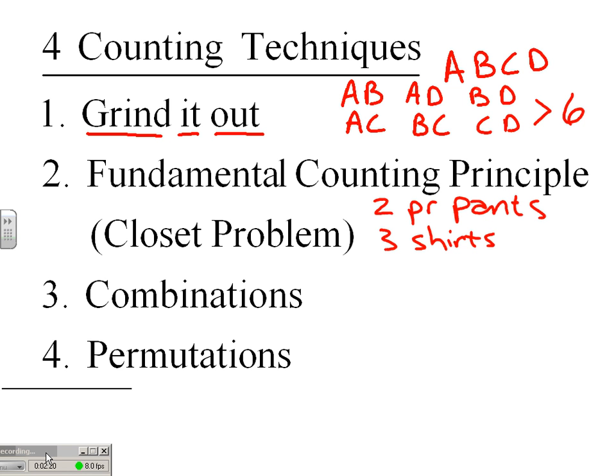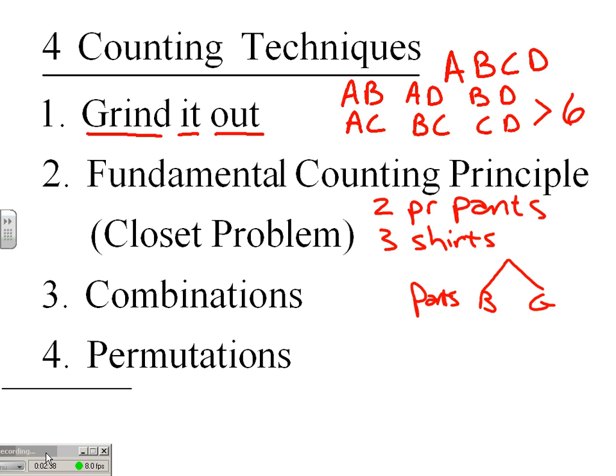And let's say that we have a pair of blue pants and a pair of green pants. So we go to the closet, and first we select pants. We can select blue or green.